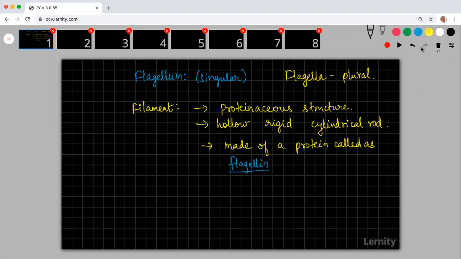It's very thin. It's about 10 to 12 nanometer in diameter, and 1 to 70 nanometer in length.